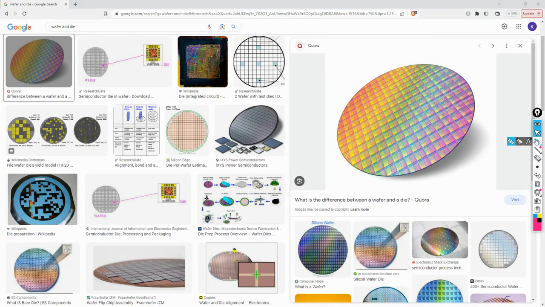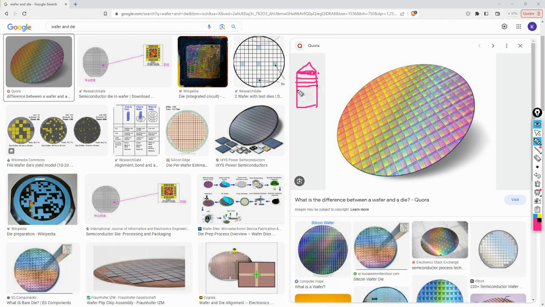From the sand they prepare a silicon ingot, this kind of silicon cone, and then this would be chopped into finer pieces.